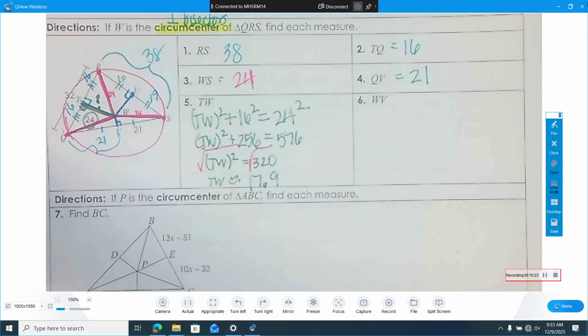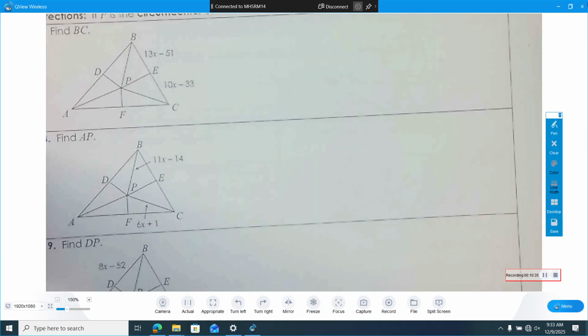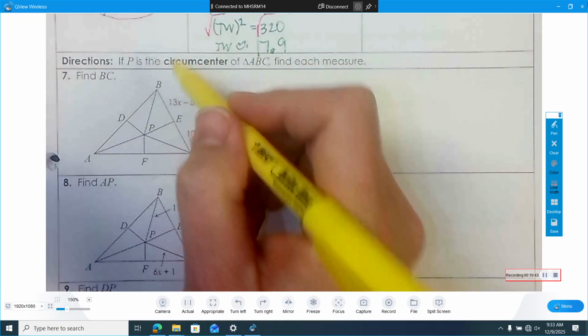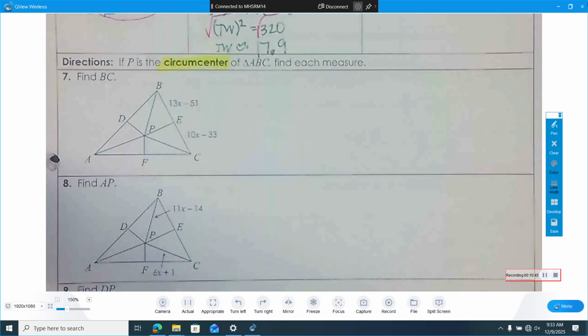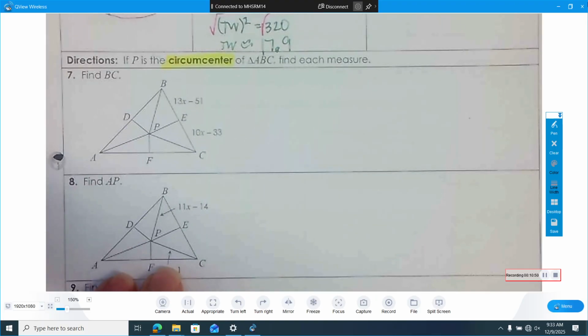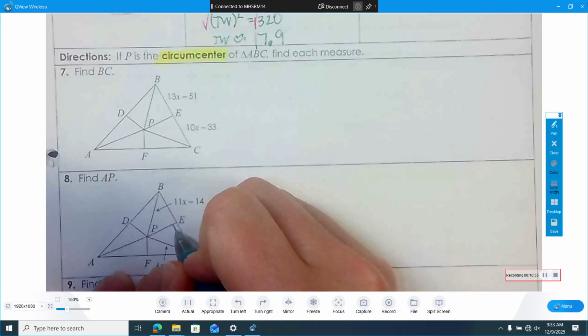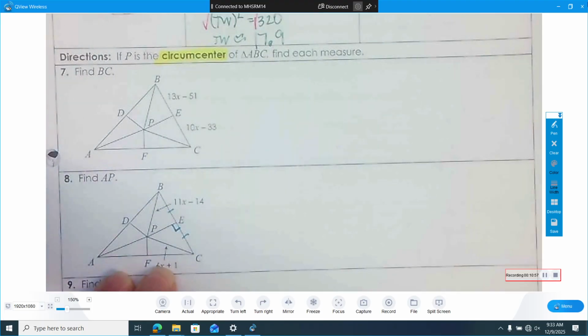Let's move on to number 8. Again, the directions are key here. We really need to understand what we're looking at. It says P is the circumcenter again. And if we have a circumcenter, what creates that circumcenter? Perpendicular bisectors.